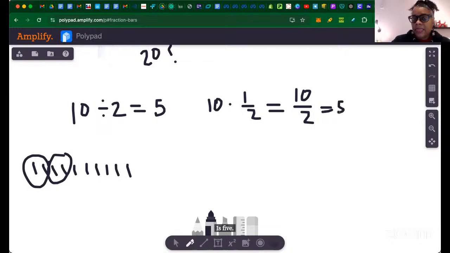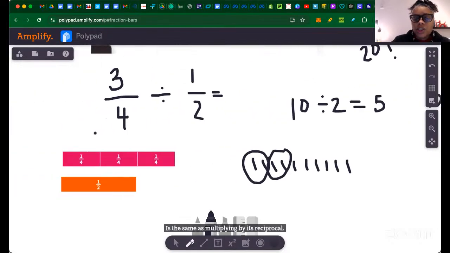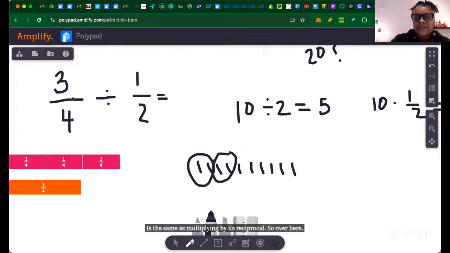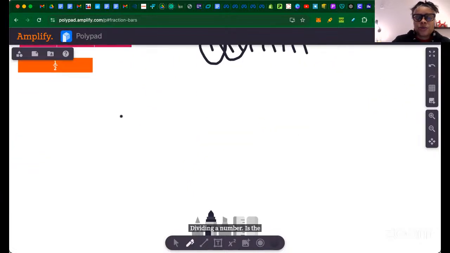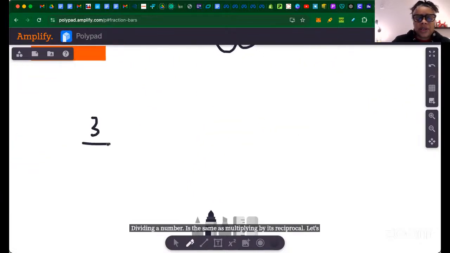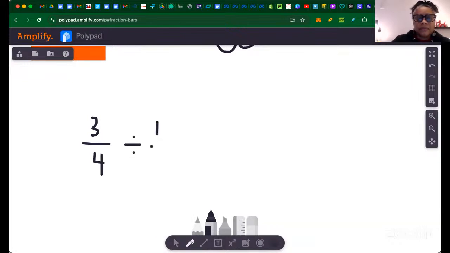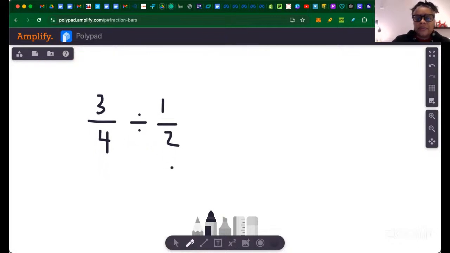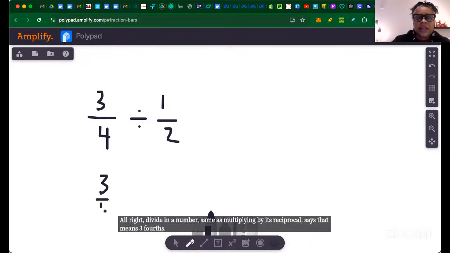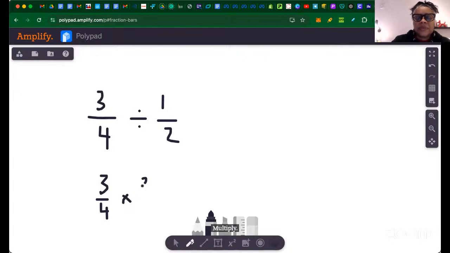So dividing a number is the same as multiplying by its reciprocal. So over here, dividing a number is the same as multiplying by its reciprocal. Let's come down here and do it in cleaner space. Dividing a number, same as multiplying by its reciprocal. So that means 3/4 multiplied by its reciprocal.